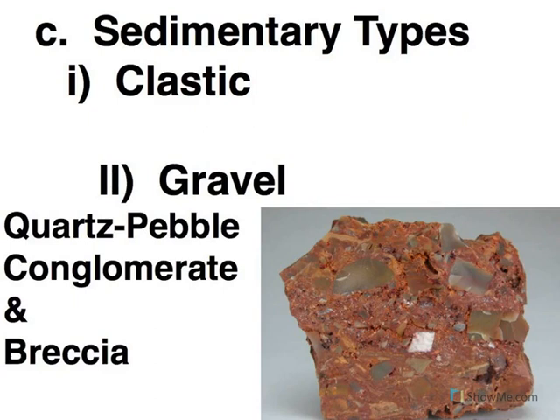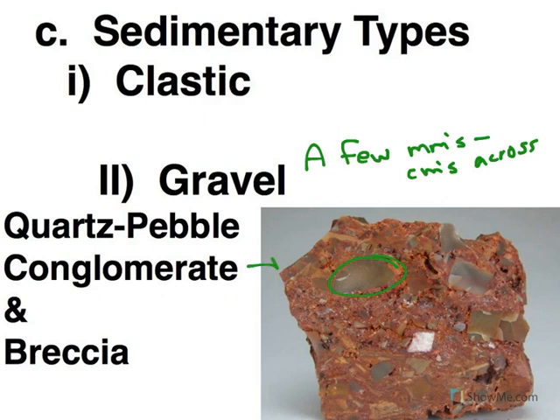Gravel sized, as you can see in the image, we're looking at pieces a few millimeters to centimeters across. And the picture here is an example of quartz pebble conglomerate. Breccia also counts as a clastic gravel-sized piece.